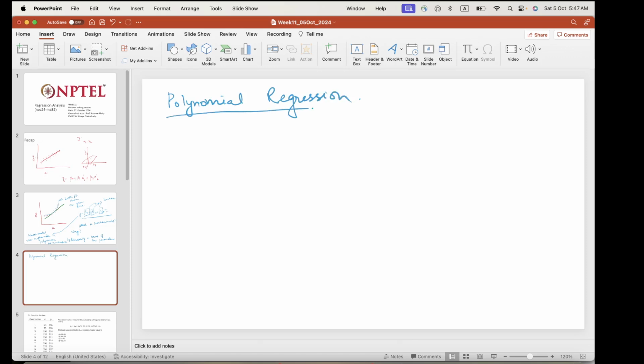Polynomial regression is thus a model like this: y equal to beta naught plus beta 1 x1 plus beta 2 x2 plus beta 11 x1 square plus beta 22 x2 square plus epsilon.